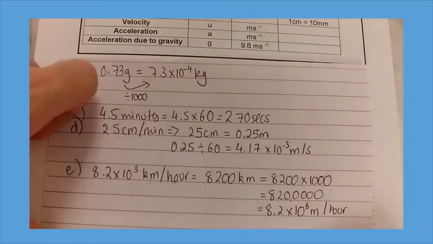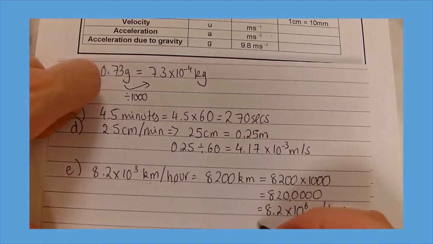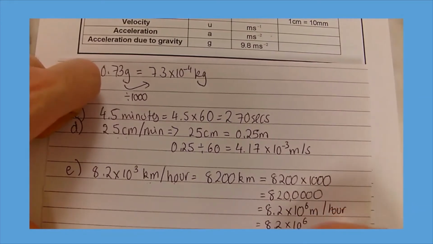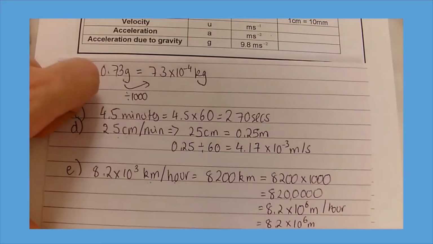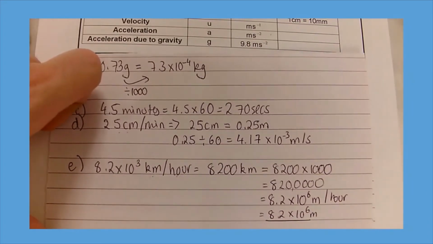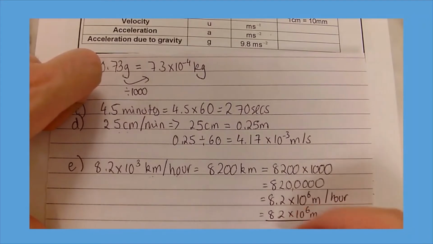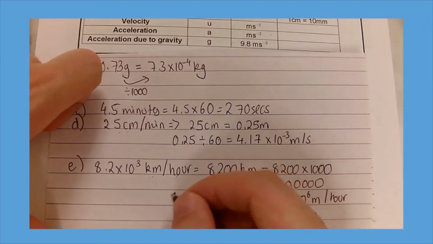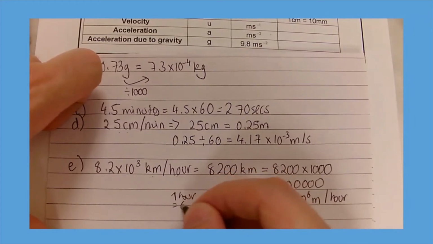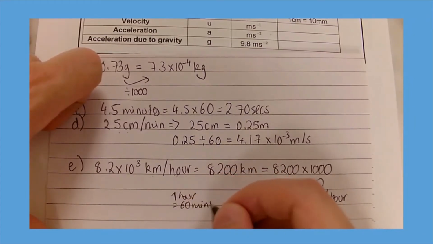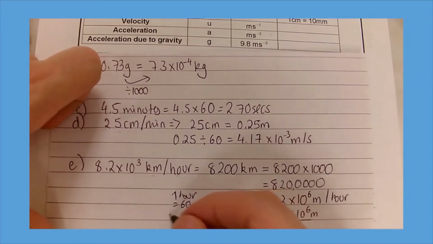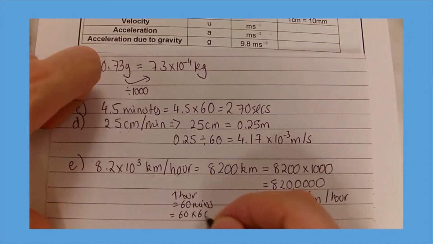And obviously we don't want meters per hour, we want meters per second. Now, we've got to think about this very carefully. 8.2 times 10 to the power 6 meters per hour, you then will have to divide by how many seconds there are in an hour. In 1 hour you've got 60 minutes, and the amount of seconds in that will be 60 times 60.